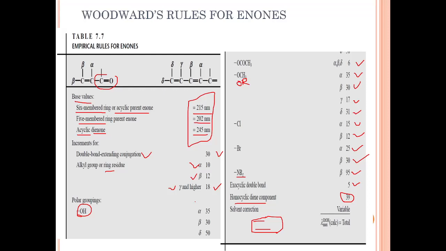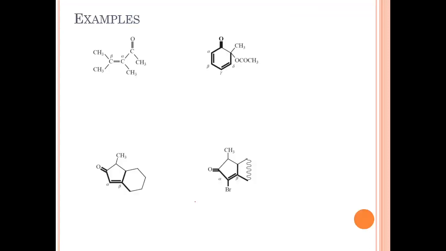So I will solve one or two examples for better understanding. I have four different types of example. Don't forget, one is a 6-membered diene, another are 5-membered dienes, and one is an acyclic diene. So the basic value for acyclic is 215, and after that we have this alpha methyl and 2 beta methyl alkyl substituents.